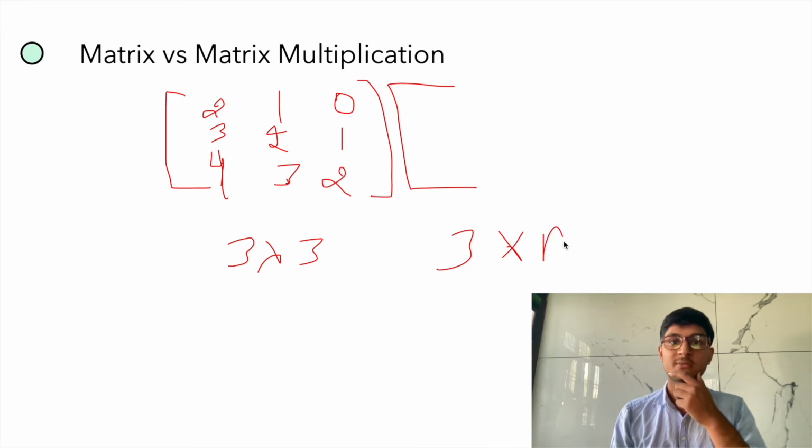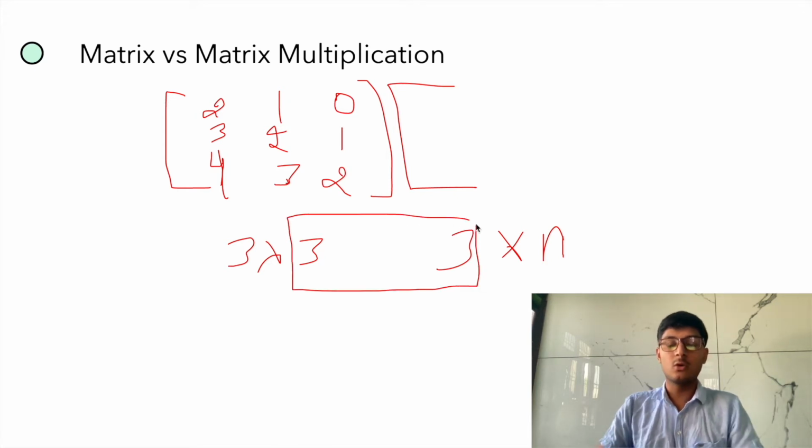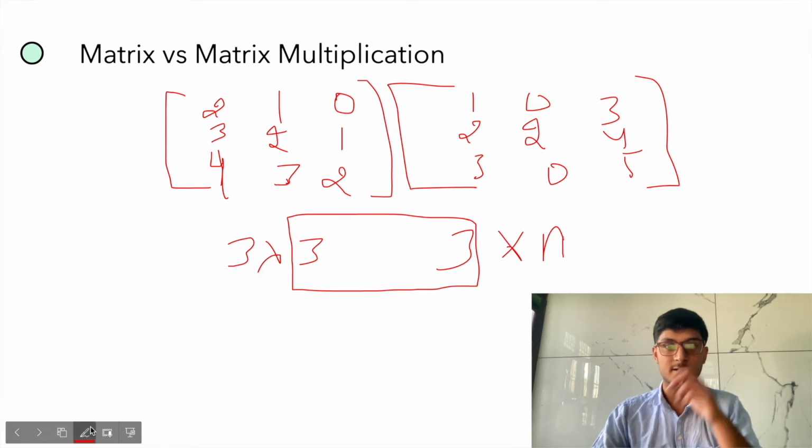So this matrix must have 3 rows and the number of columns may vary. This is because only these types of matrices can be multiplied when these two things are the same. Let's see 1, 2 and 3, and let's say 0, 2 and 0, and 3, 4 and 5. So this is the 3 cross 3 matrix.